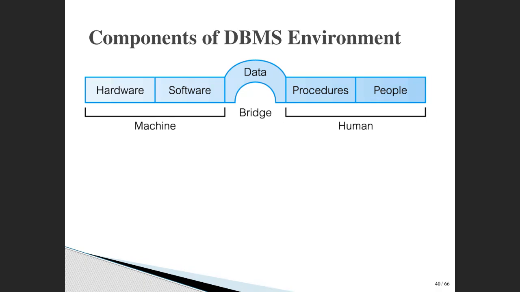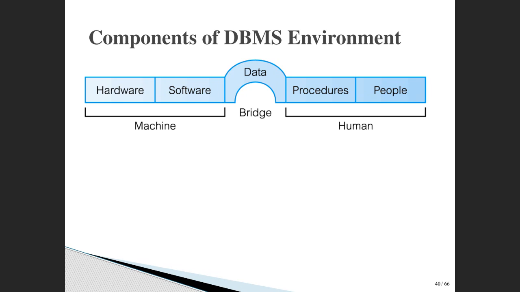Information system includes 5 or 6 main parts, starting with people, procedures, hardware, software, then there is data, and maybe the sixth part is the internet, or the network. Now this is the same here. The components of the database management system environment will include exactly the same elements.